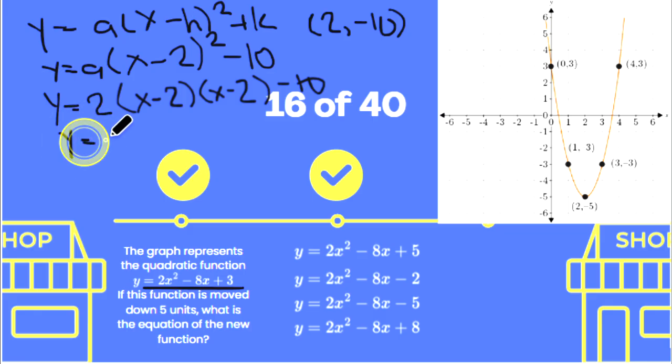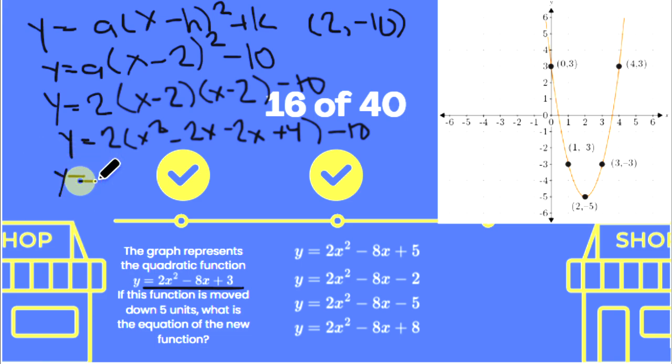y is equal to 2 times x squared, negative 2x, another negative 2x, a positive 4, and a negative 10. Now we need to distribute this 2 out everywhere, so we have y equals 2x squared, 2 times negative 2 is minus 4x, minus 4x, plus 16, minus 10.